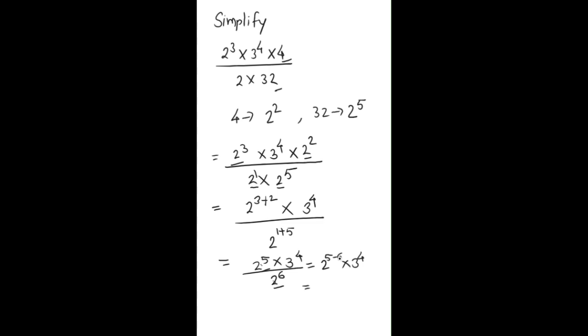So here what we will do is subtract this. So 2 power minus 1 into 3 power 4. If a number is having power minus 1, then it will go into the denominator. So 3 power 4 by 2. Now 3 power 4 is 81. So 81 by 2, this is the simplified answer.